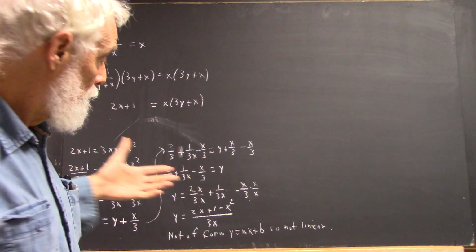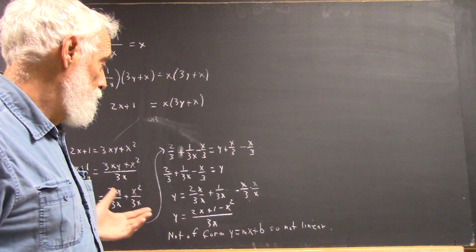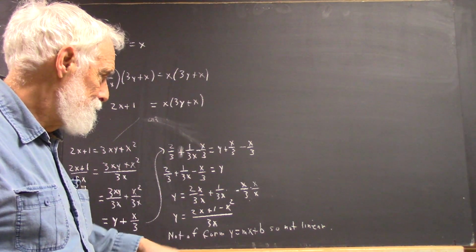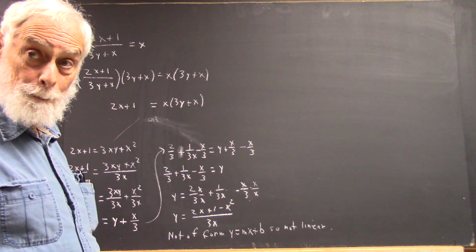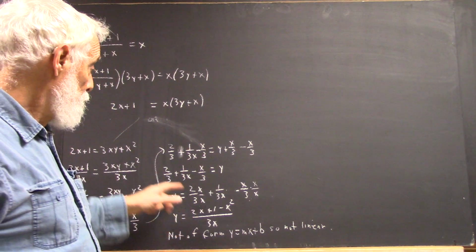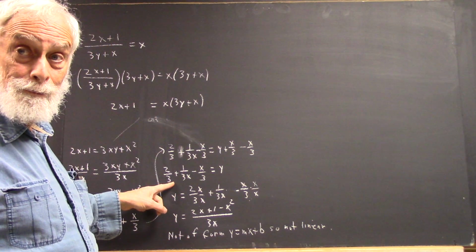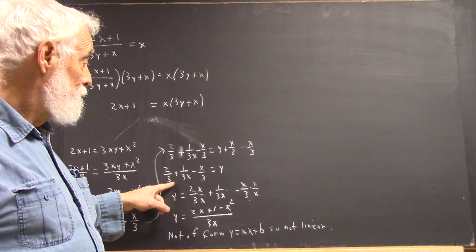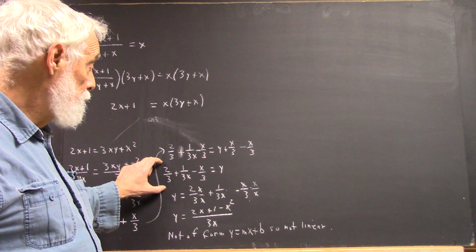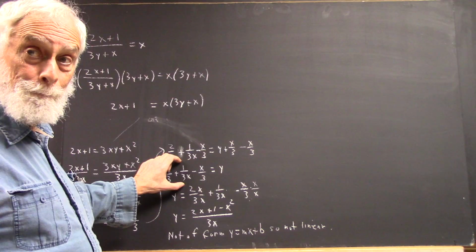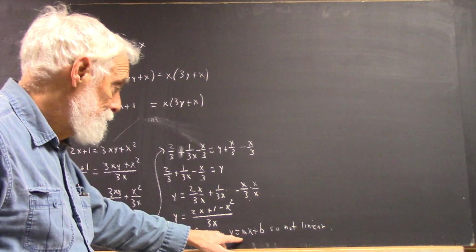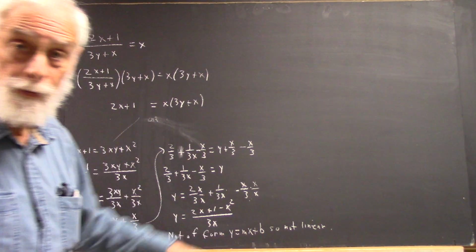And when we put it into this form, it's clear that that can't be rearranged into linear form either. But really in this form it's even clearer. This and this would be linear, but this isn't. No way you're going to get this into this form with constant numbers m and b.